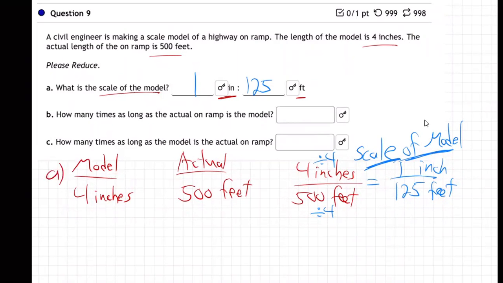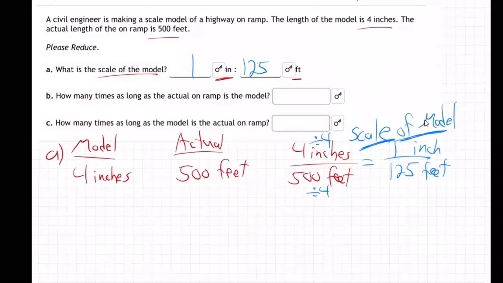And then part B says, how many times as long as the actual on-ramp is the model? So the model is how much longer than the actual, and then they ask us the other way. So it's kind of confusing. They ask us 2 different ways.